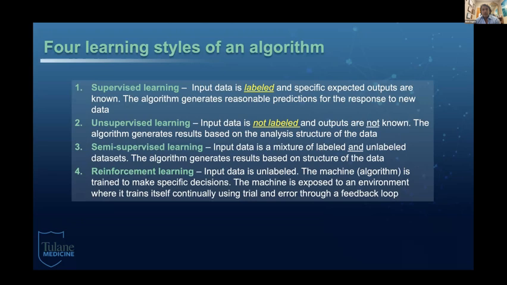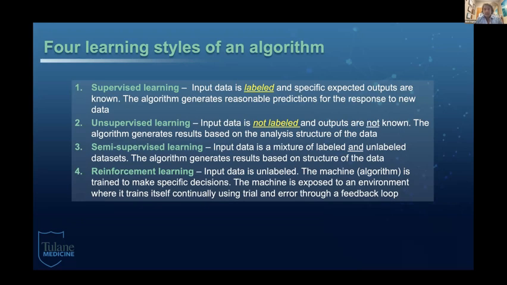The variety of learning styles of an algorithm: supervised learning, unsupervised learning, semi-supervised, and reinforcement learning. Supervised learning, as it stands, is when the data is labeled and specific expected outputs are obtained. In unsupervised learning, the data is not labeled, unknown, and the outputs are not known either.